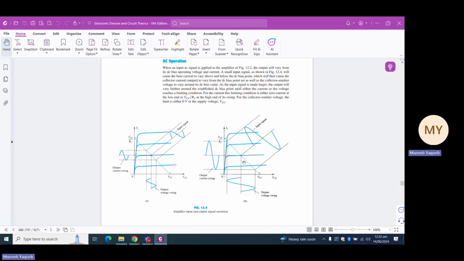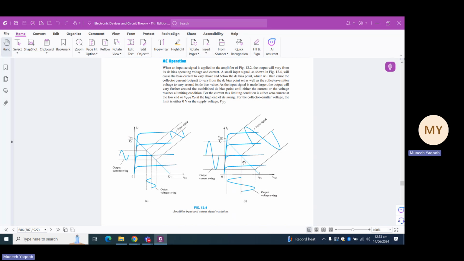Now, this quiescent point determines whether the transistor is in the amplification region, the cutoff region, or the saturation region. Right now, the position of this dot clearly shows that it is in the amplification region. Now, how is the output drawn?